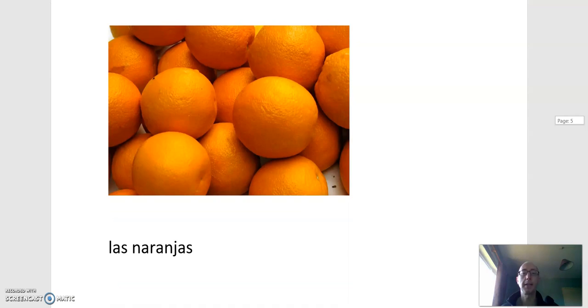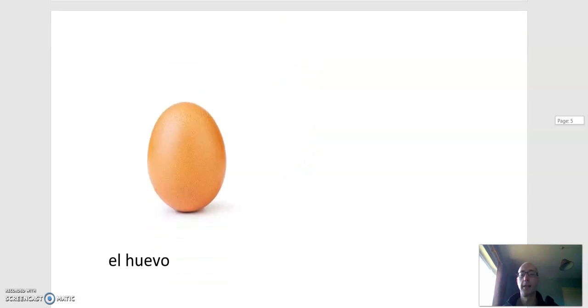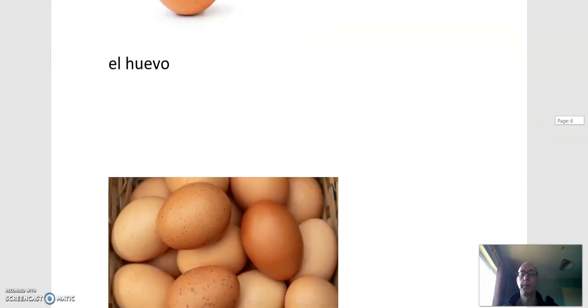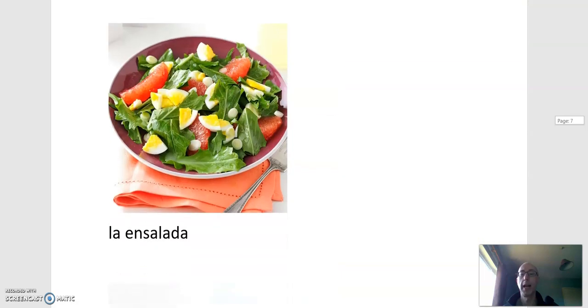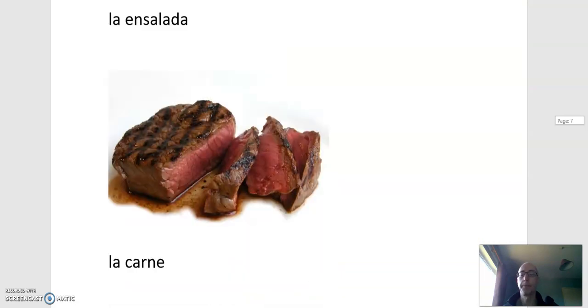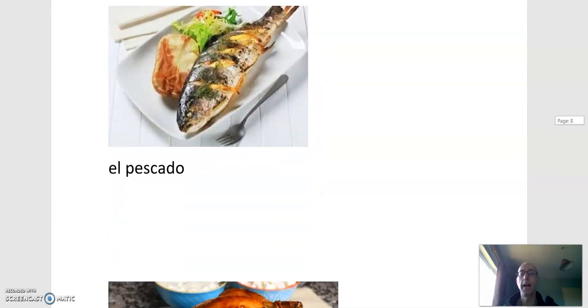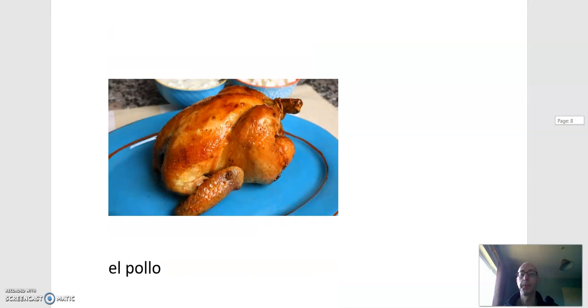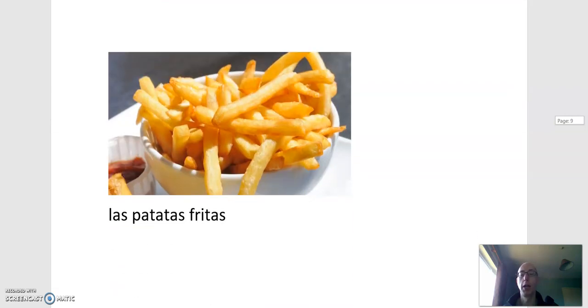Las naranjas. La manzana o la manzana. El huevo. Los huevos. La ensalada. La carne, el pescado, el pollo, las patatas fritas.